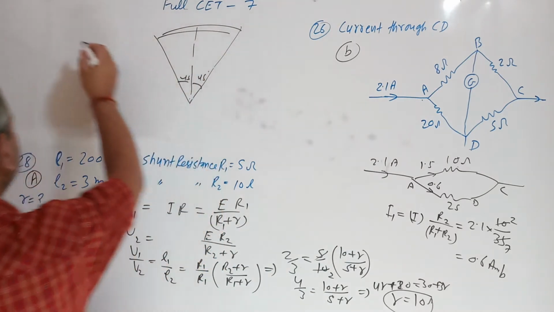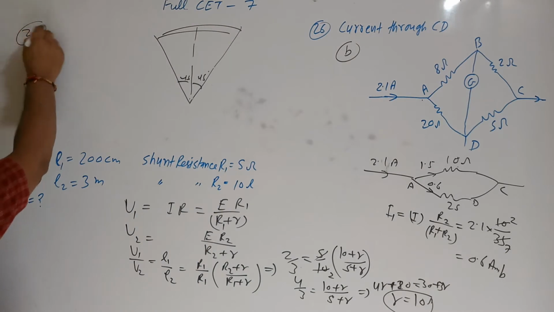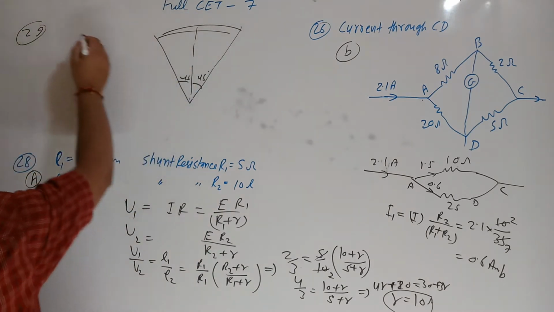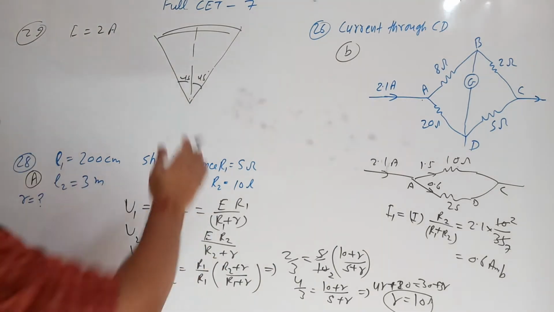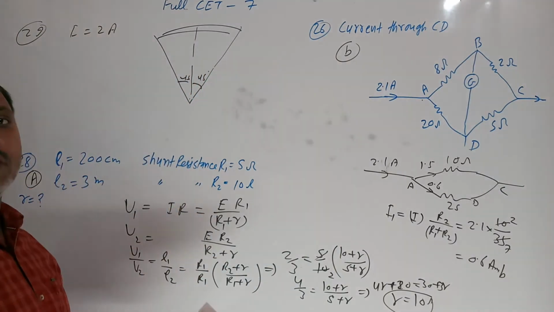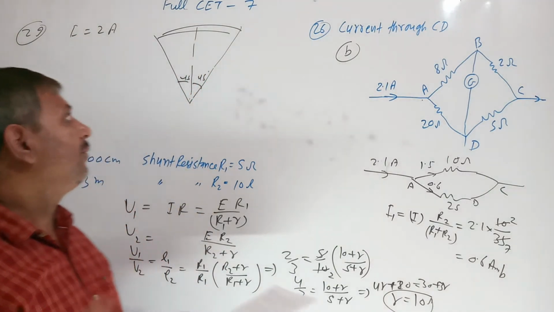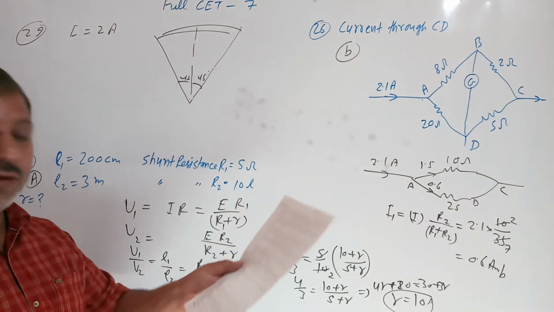So full deflection means current will be 2 ampere. If it is 30 degree, we have I proportional to theta. But full deflection is here, so current will be 2 ampere.